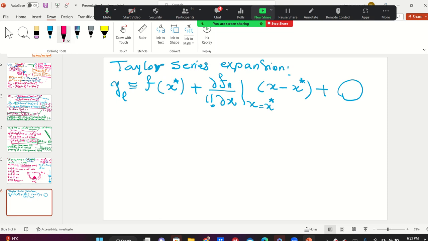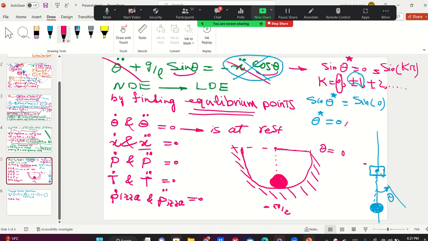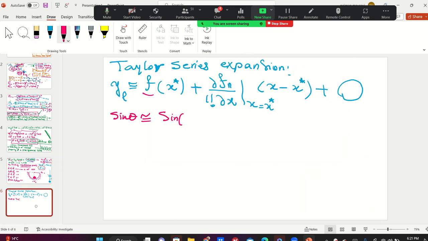So having sine of theta is sine of itself at the equilibrium point. The equilibrium point is 0. Sine of 0. Its derivative with respect to theta is cosine theta at theta 0, times theta minus the equilibrium point.